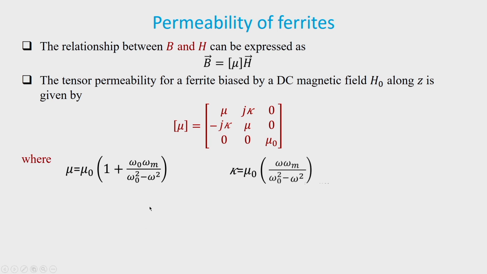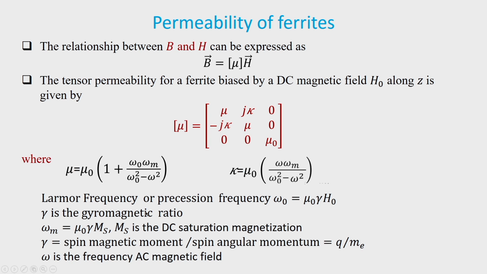Now, let us see these parameters. Omega naught is called the Larmor frequency or precession frequency, and it is given by mu naught gamma H naught.